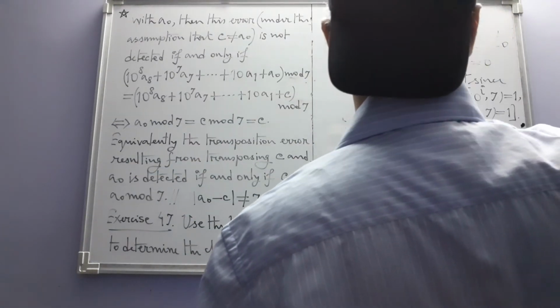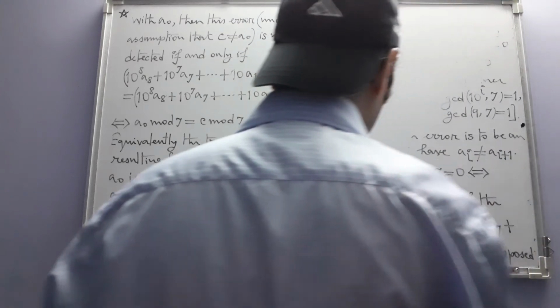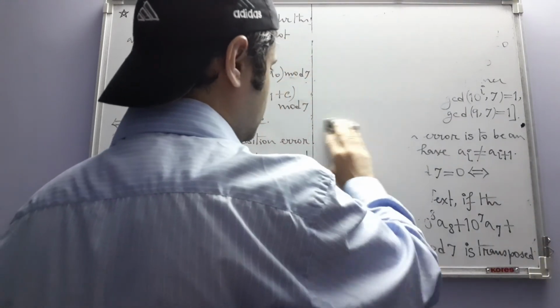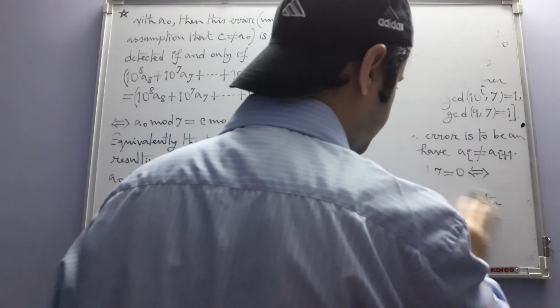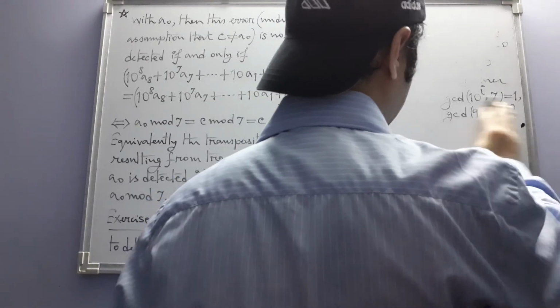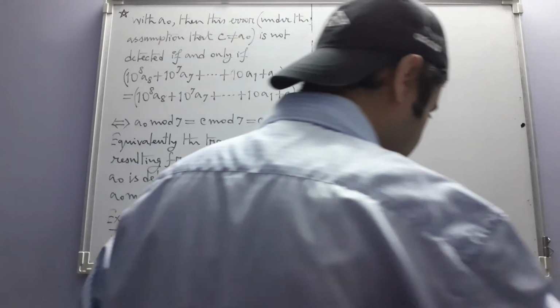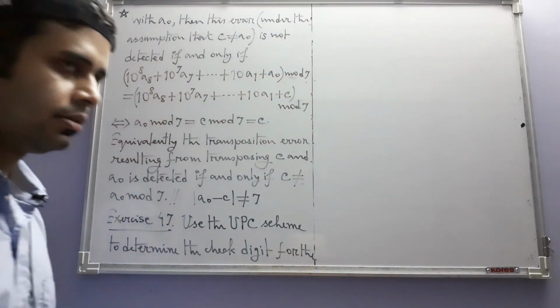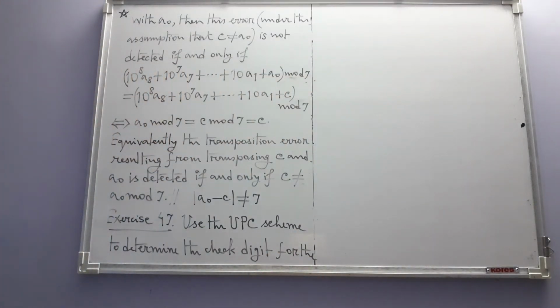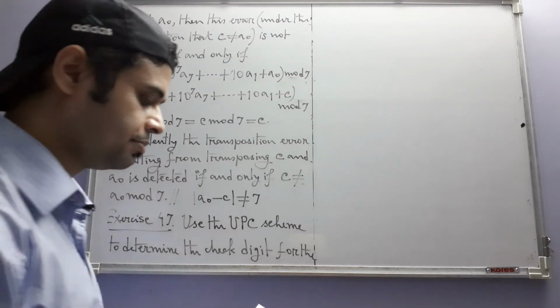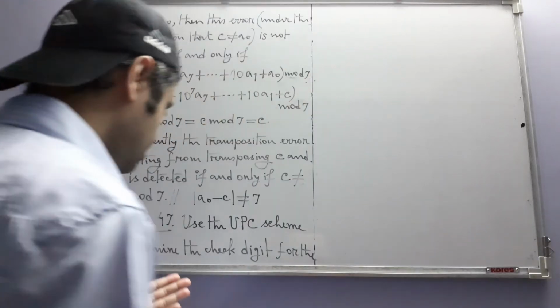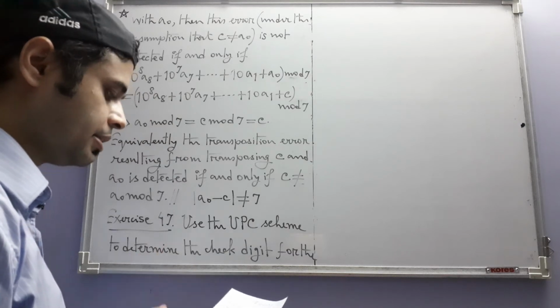So in the UPC scheme we form a vector using the digits of the given number and take its dot product with a fixed vector and then calculate that dot product modulo 10, that should be equal to 0, and the last digit is the check digit.